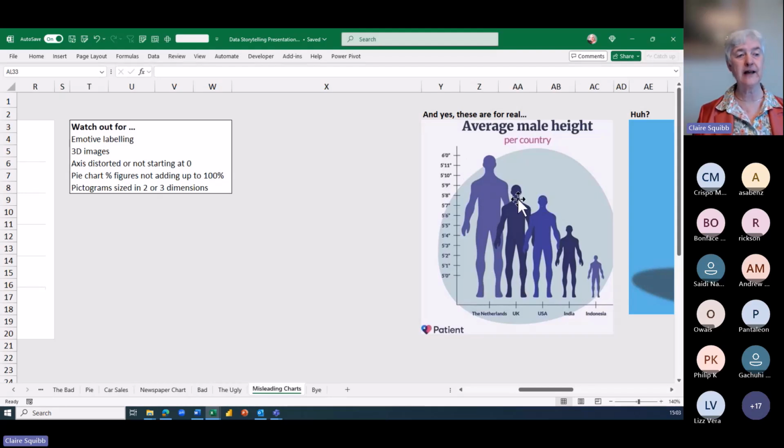But the problem with that is it gets sized in 2 dimensions. So the actual area is a quarter of the size if it's half the height, if you see what I mean. So yeah, it can be very, very misleading because it makes it much smaller area-wise as well.